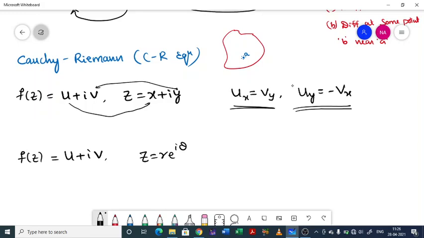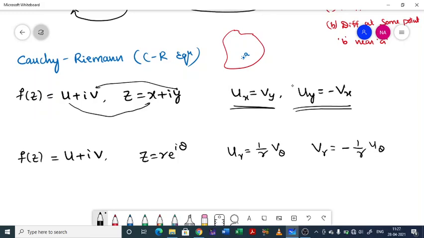So z equal to r into e power i theta. For this, the CR equations are u_r equal to 1 by r into v_theta, and v_r equal to minus 1 by r into u_theta.